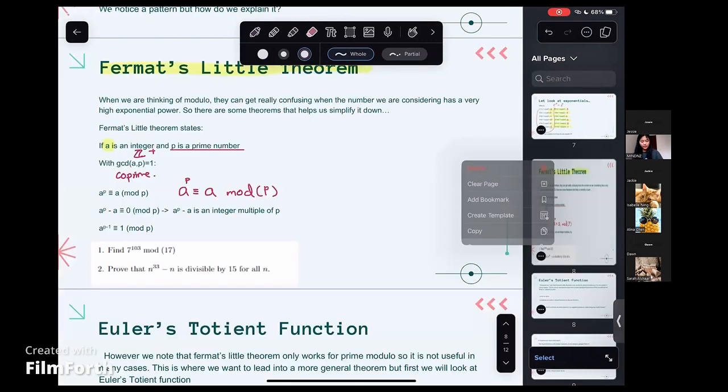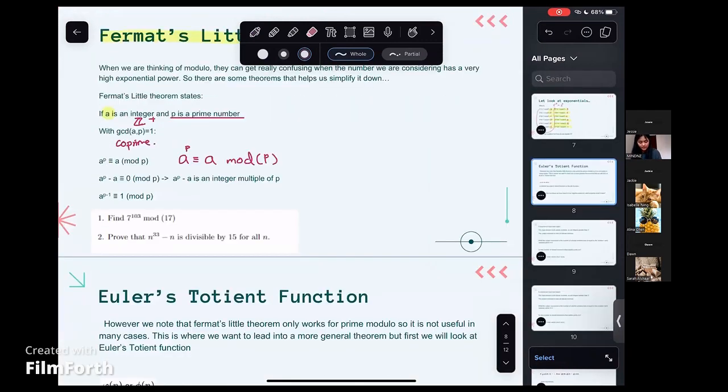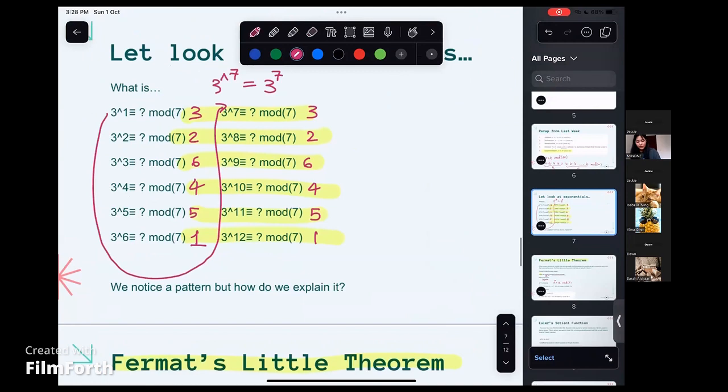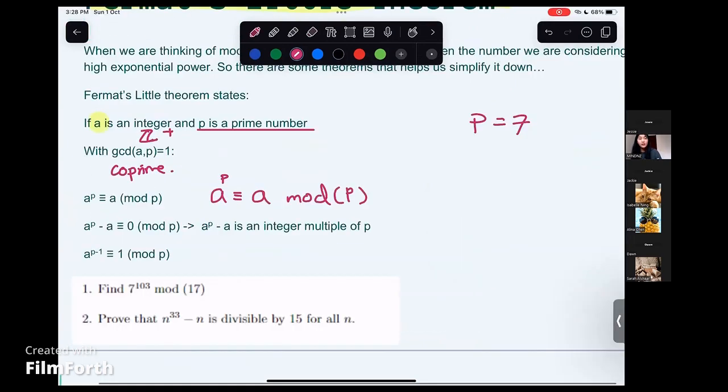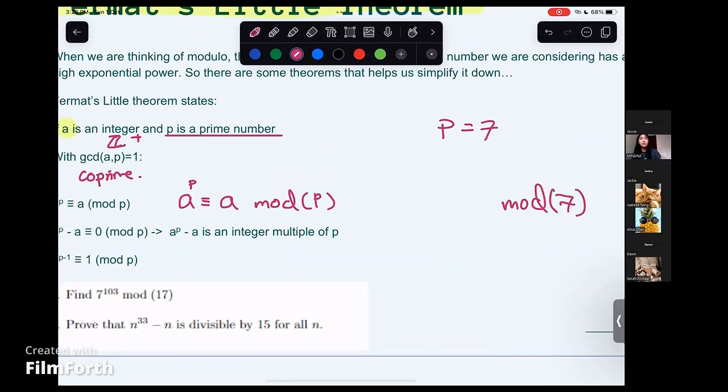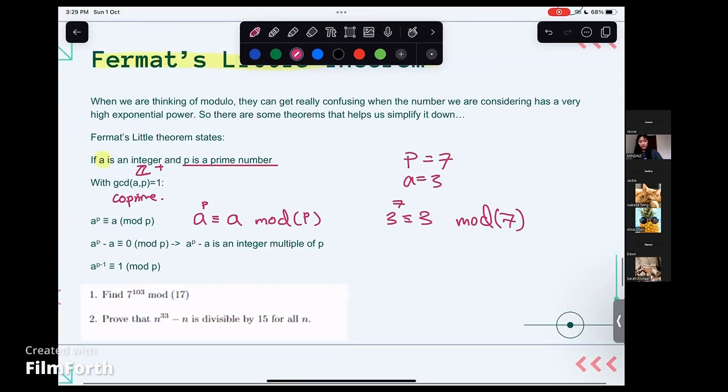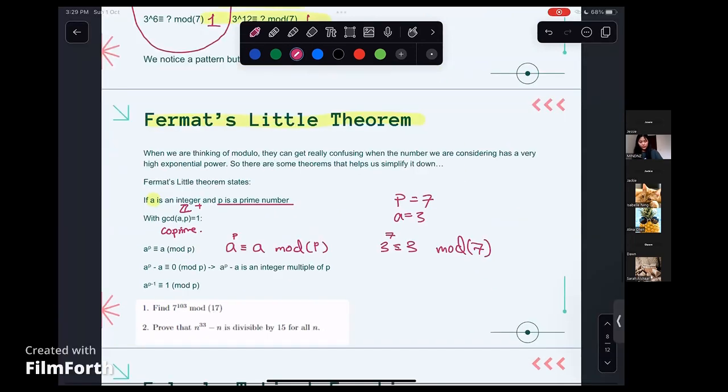So we're in mod 7, p equals 7, and 7 is a prime. a is definitely co-prime with 7, so 3 is okay. We can use a equals 3. Then we have 3 to the power of 7 is congruent to 3 mod 7. Is this true? Well, we can have a look.